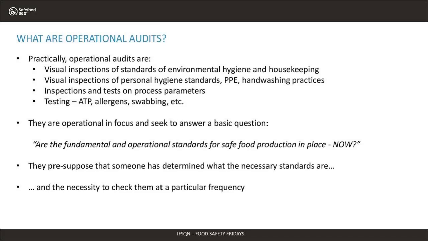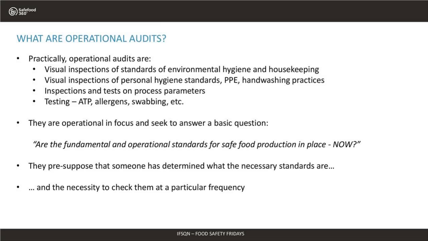And practically, what is involved in these inspections, as I'm sure you know, is somebody, some human being typically, going around doing lots of visual inspections of the standards that are present in food operations, the hygiene standards, the housekeeping standards, and so on. Depending on your approach, they can also include inspection and tests of certain process parameters or even product parameters.